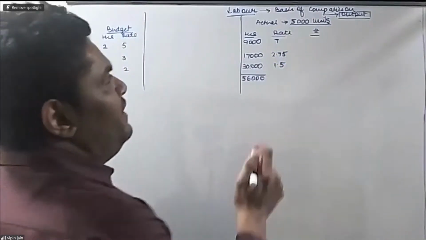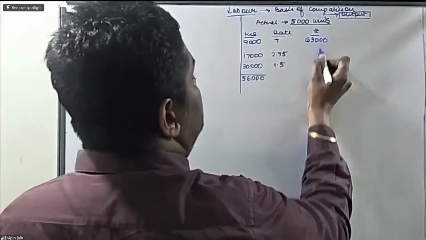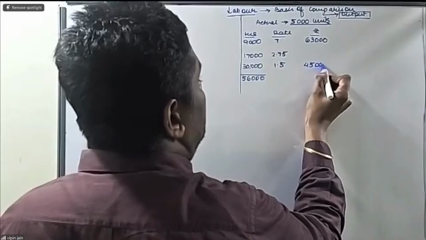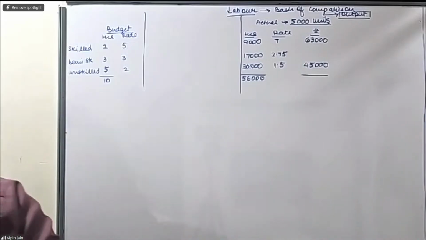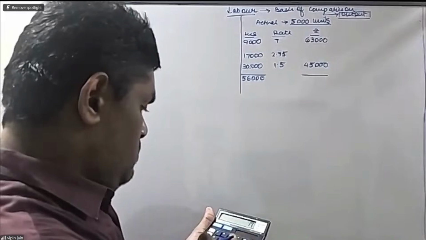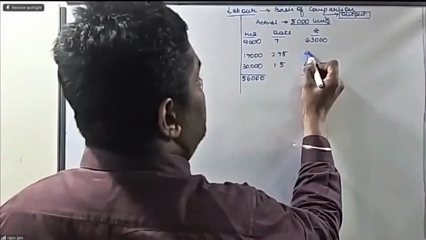So the actual cost to manufacture these 5,000 units will be 63,000 here, 46,750 here, 45,000 here.